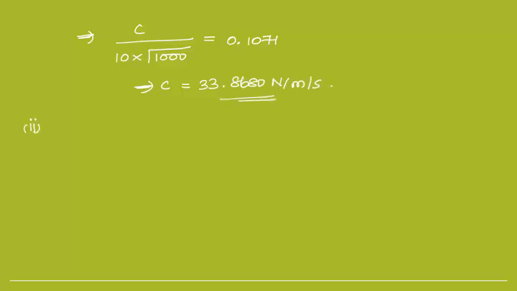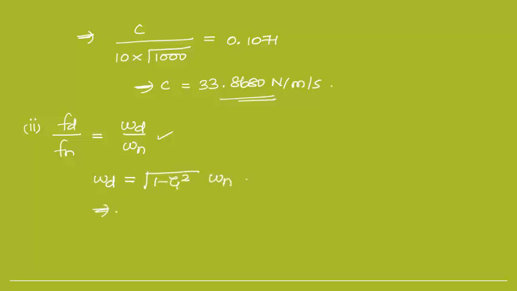Coming to the second subdivision, it is asked to calculate the ratio of the frequencies of damped and undamped vibration, that is Fd by Fn, which is equal to omega d by omega n, because Fd is 1 by 2 pi omega d and Fn is 1 by 2 pi omega n. On cancelling the terms 1 by 2 pi, we get omega d by omega n. We know the relationship between the damped and undamped circular frequencies: omega d is equal to root of 1 minus zeta square times omega n.